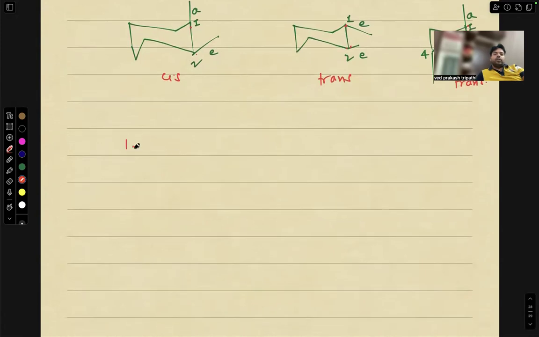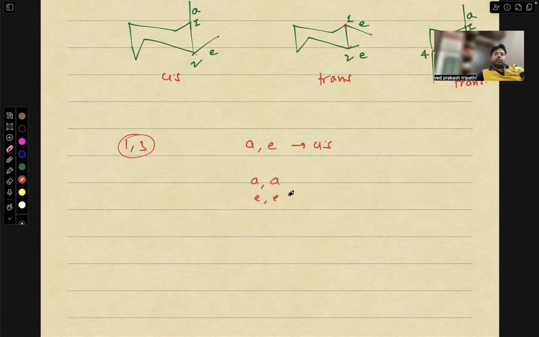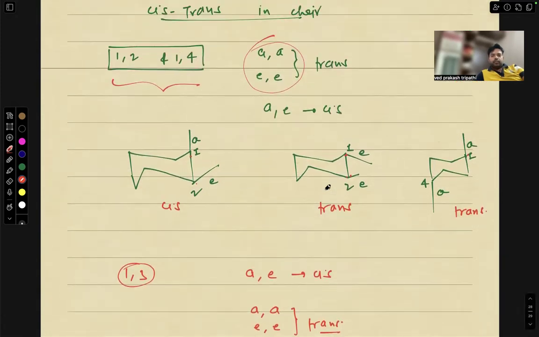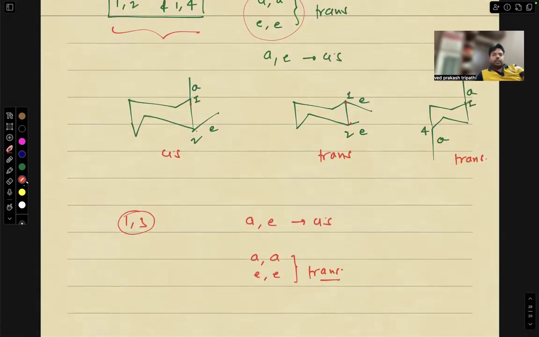Now next is 1, 3 position, just opposite. It means axial, equatorial would be cis. Axial, axial, equatorial, equatorial would be trans. Oh, wait. I think I made a mistake. Axial, equatorial would be cis, axial axial or equatorial equatorial would be trans.